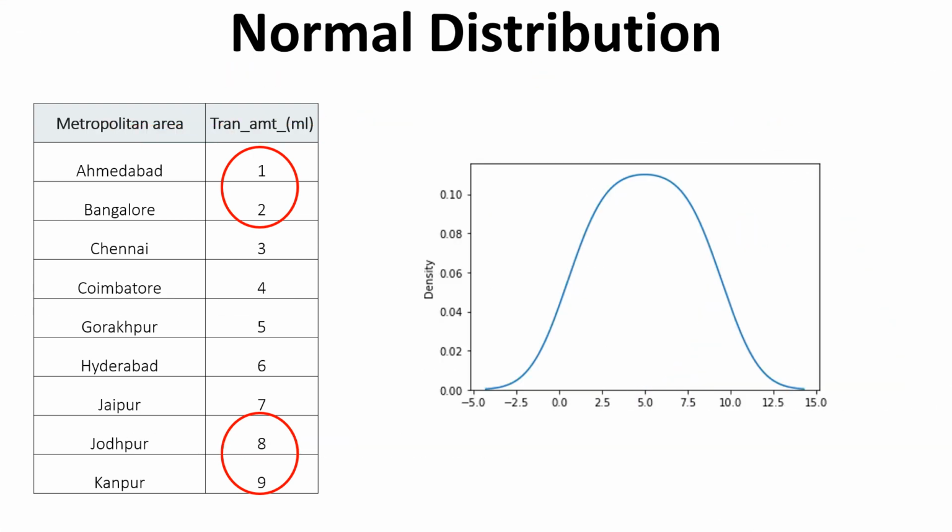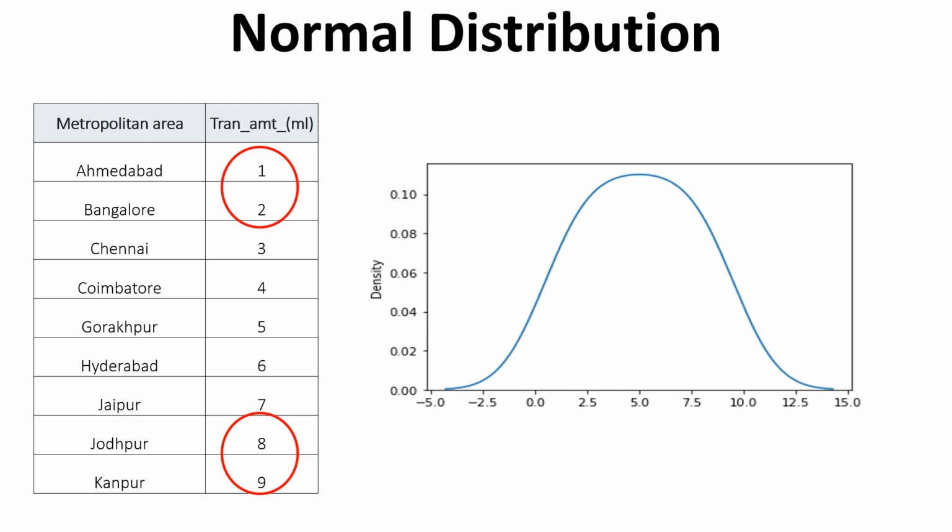Let's try to understand what questions this visualization of the normal distribution can solve at the first stage. This middle point shows the mean and median. When the data is normally distributed, the middle point shows both mean and median, but if it is right skewed or left skewed, it wouldn't show both of these.